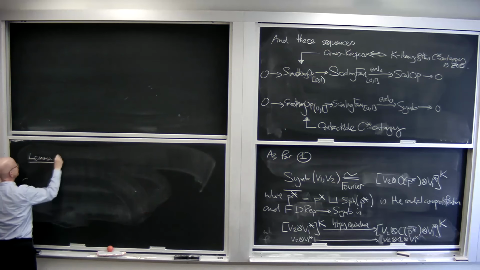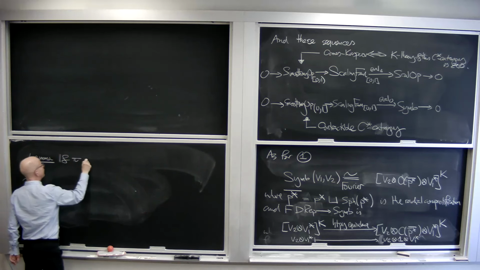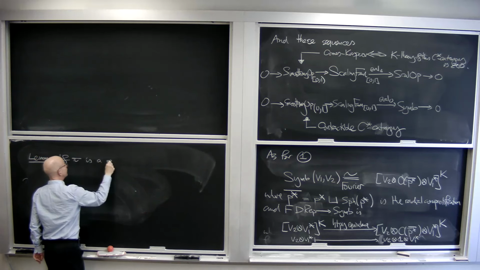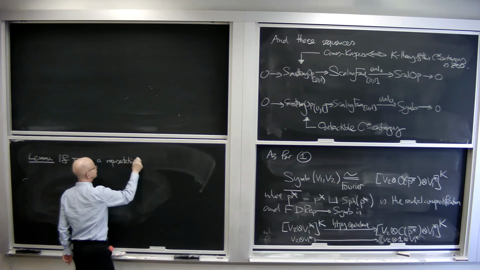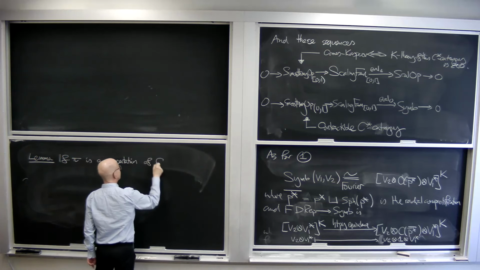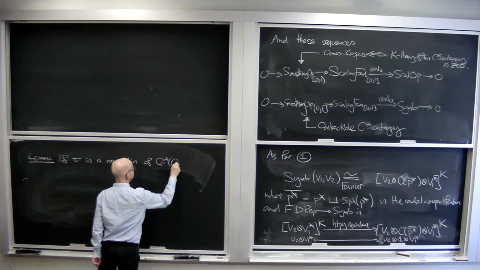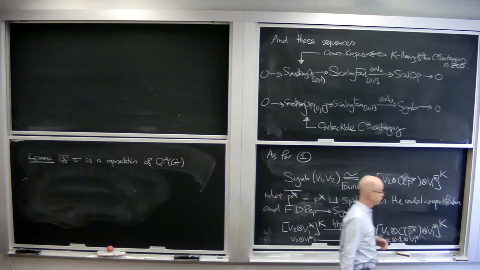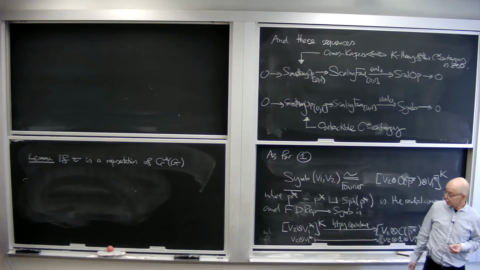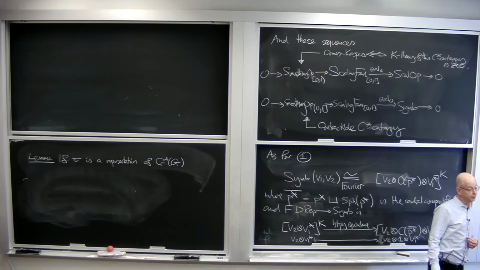If pi is a representation with a slightly better analytical structure, it's actually related to the reduced dual. It factors to a representation of the reduced C-star algebra. For example, pi might be an irreducible unitary representation in the reduced dual.